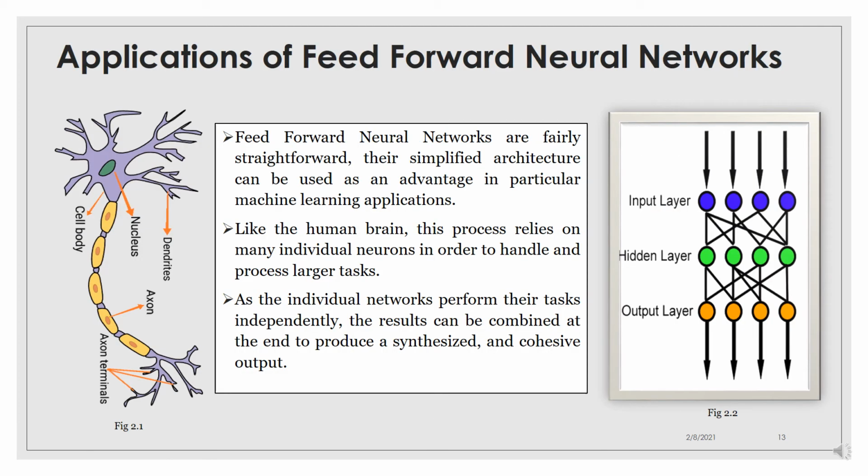Then comes the application of feed forward neural networks. Applications are various. We can use feed forward neural networks in many places. In the left side diagram you can see the human nervous system, and in the right side diagram you can see the artificial neural network, as it is also connected with the axon as a node, and it is also connected in the hidden layer with the nodes.